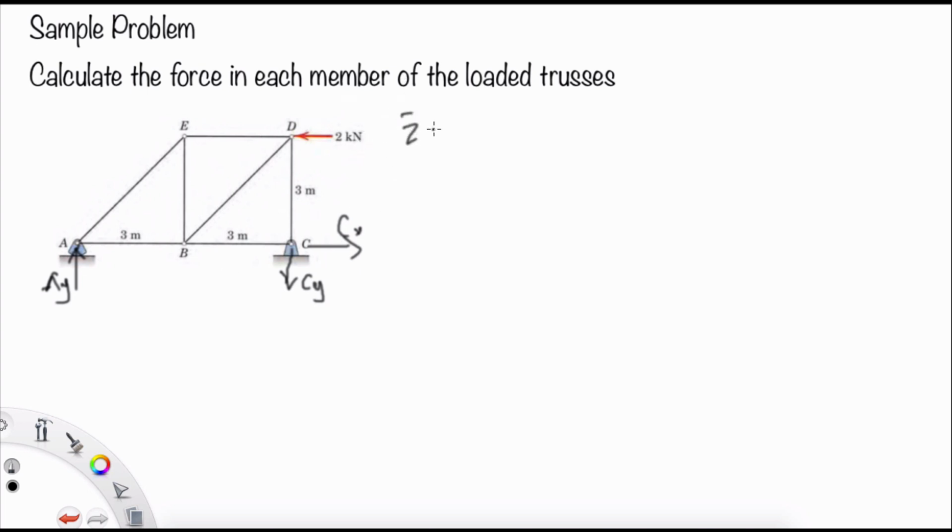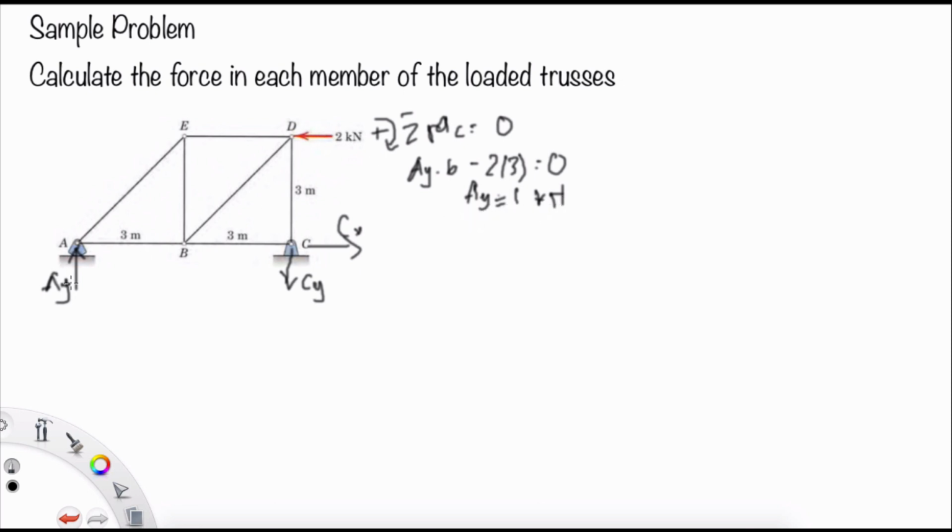So we take the moment at C, as maybe the possible one is only the moment at C, and the assumption is counterclockwise is positive. The answer will be 0, and then AY times 6 minus 2 times 3 equals 0, so AY will be 1 kilonewton.